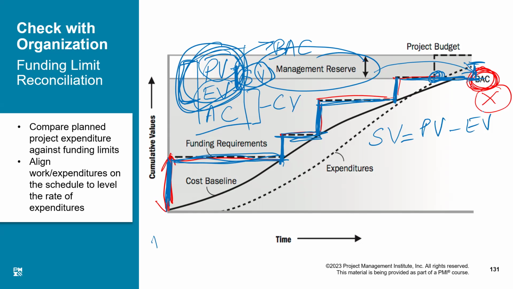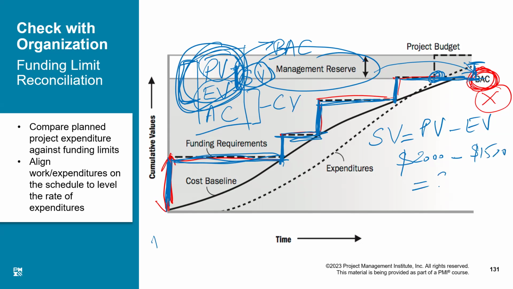Okay. For example, at a specific point in time, the planned value was supposed to be, say, $2,000. That was what we were supposed to have done. But we have actually achieved worth $1,500.